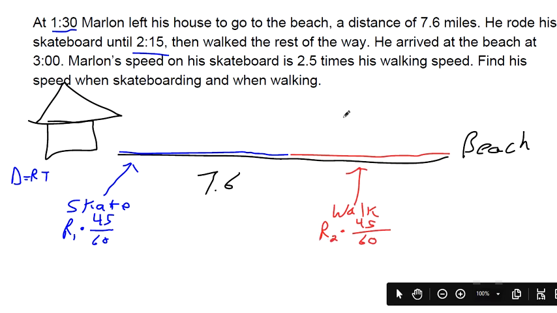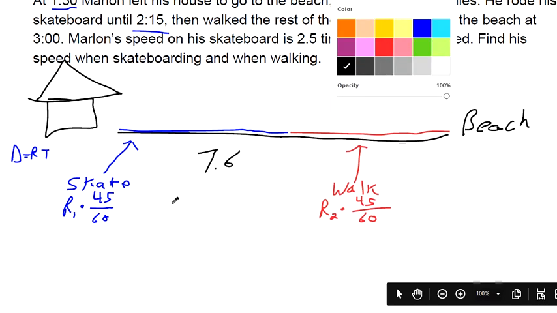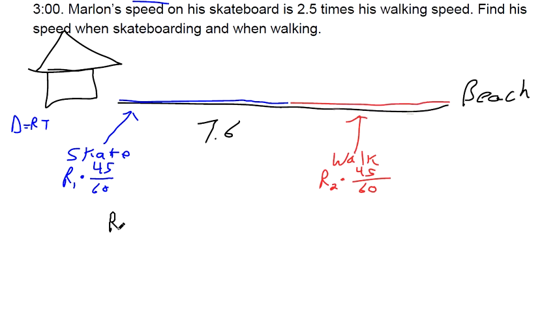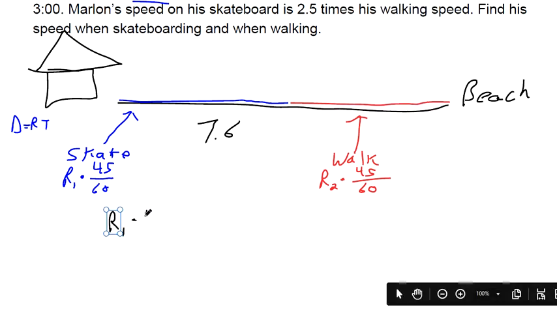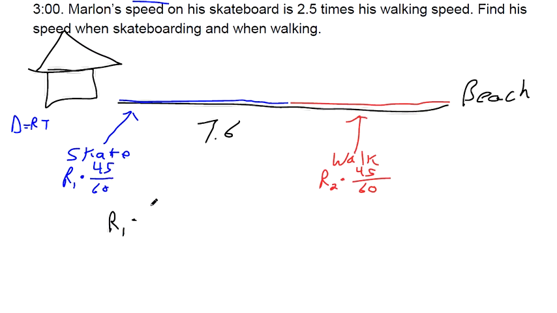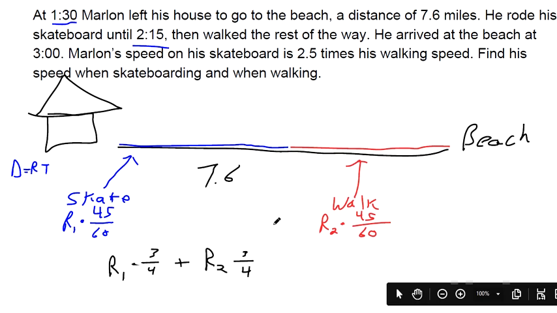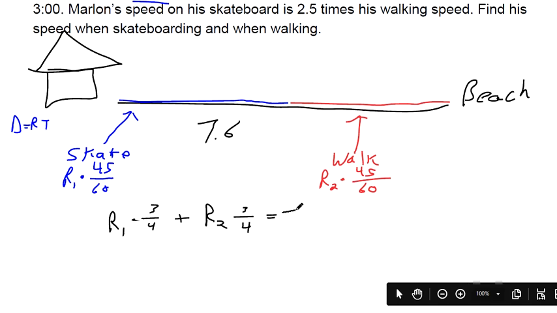If you add these two things together, the distance skateboarding, which is R sub 1 times 45 over 60, divide the top and bottom by 15, that's 3 over 4. If you add that to the distance spent walking, then we made it to the beach. We made it 7.6 miles.